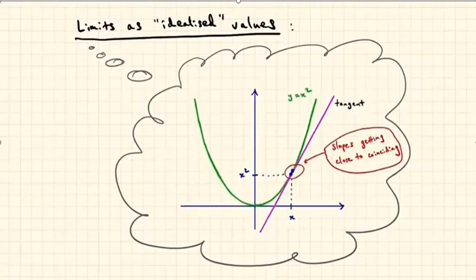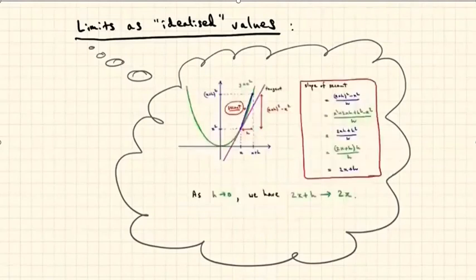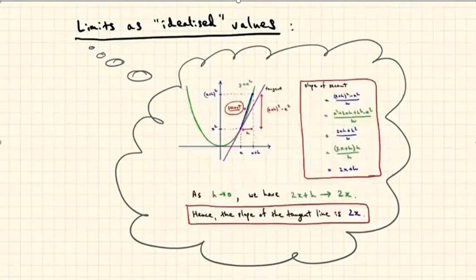In a previous video, we demonstrated by pure thought and manipulation of symbols that the slopes of secants to the parabola y equals x squared approach the slope of the tangent line, which happens to be 2x at the point with input x.